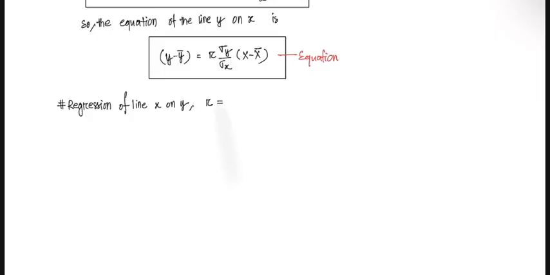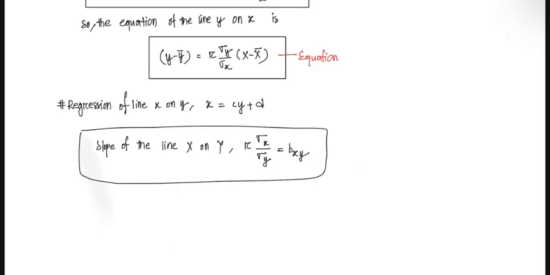The equation is x equal to cy plus d, the previous equation we just wrote. So the slope of the line x on y is r sigma x by sigma y.